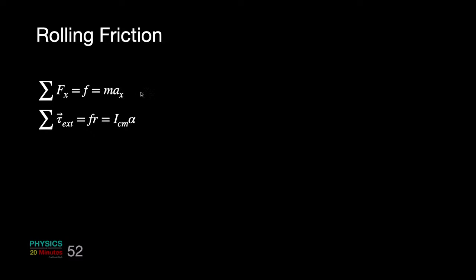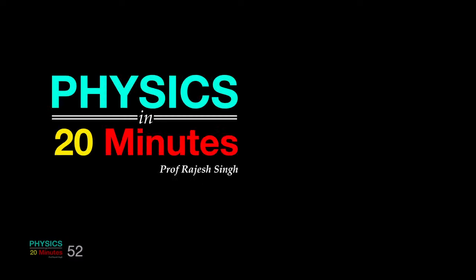So the two equations for all rolling body situations have to be written simultaneously. You cannot just write one equation and go on. Both equations have to be written simultaneously and then the problem should be solved. So we will see this when we solve the problems. With this, we finish this part of the lecture.